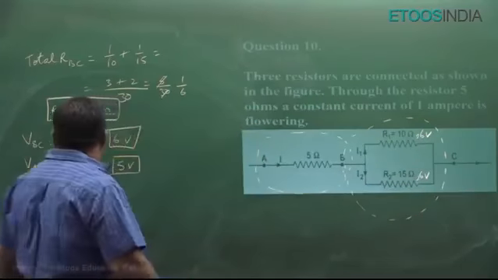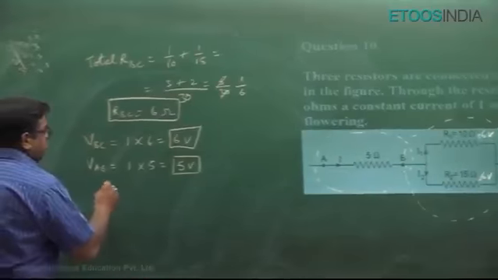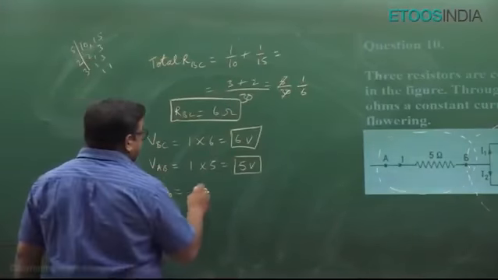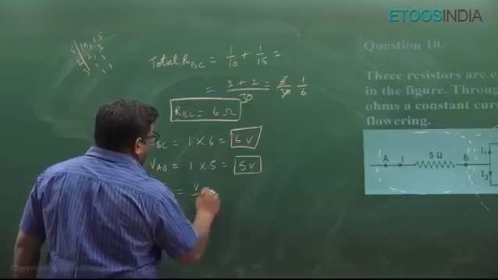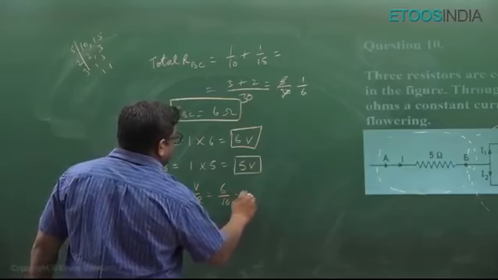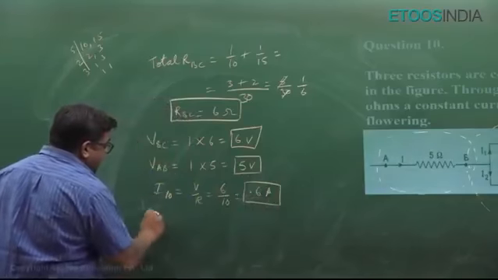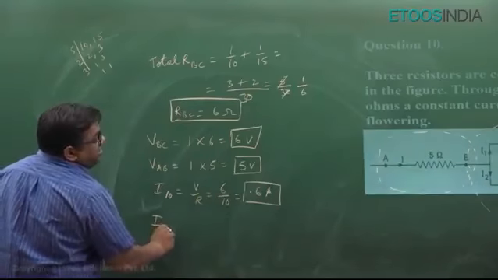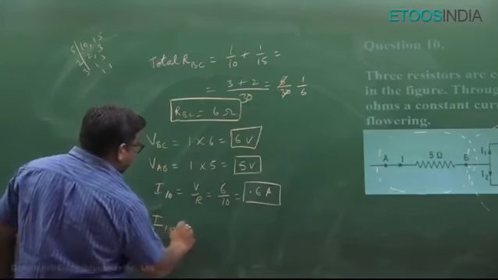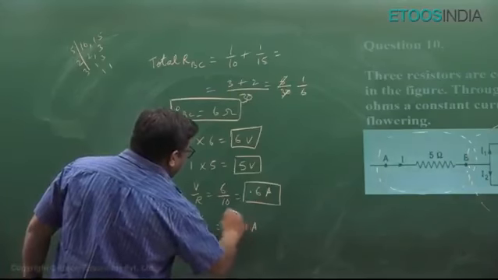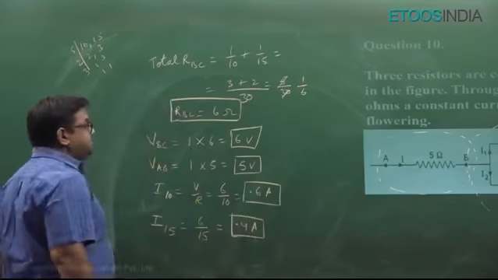Got it? So now, to find the value of I10, that is the current in the 10 ohm resistor, it will be V upon R. It comes out to be 6 upon 10, that is 0.6 ampere. And for I15, it is 6 upon 15, that is 0.4 ampere.